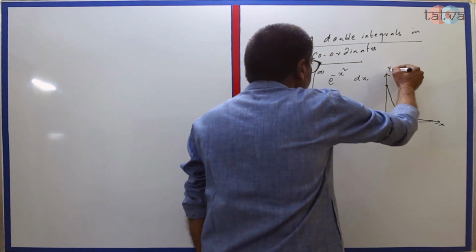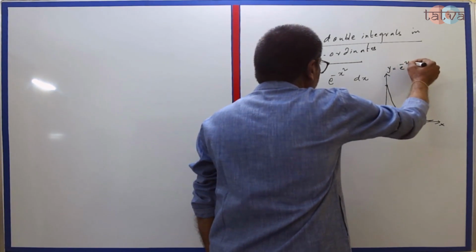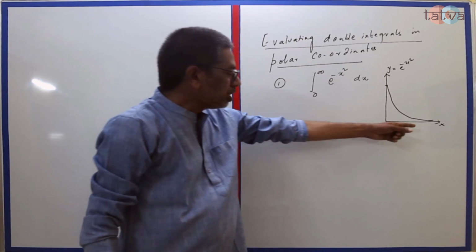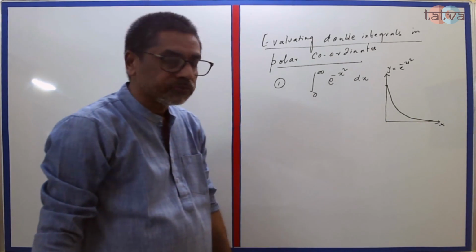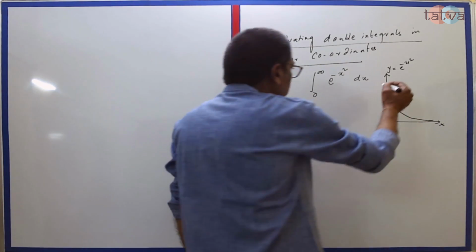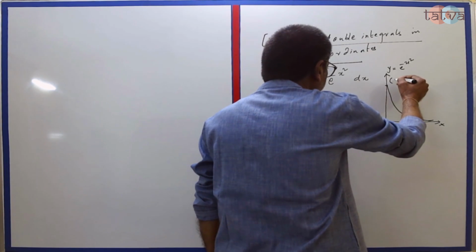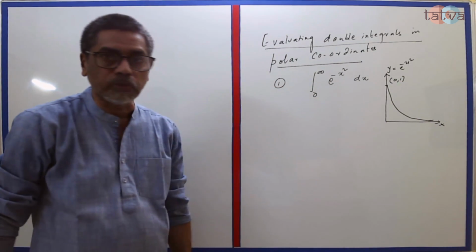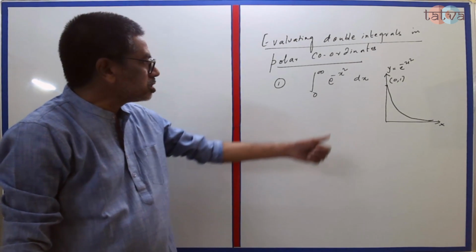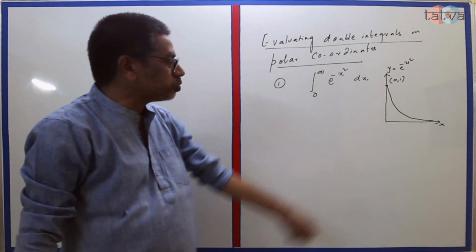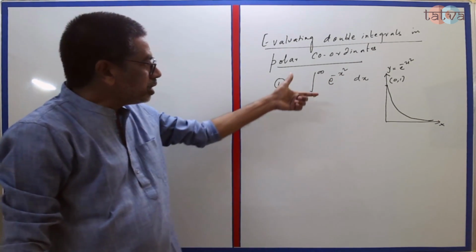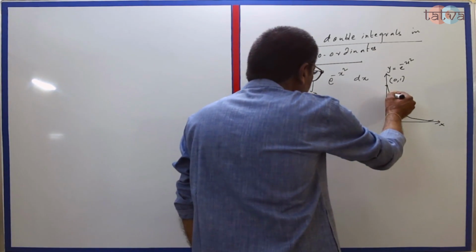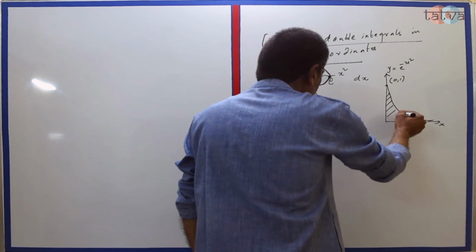This is how it looks, and you can observe the x-axis is an asymptote. This is the point where the curve crosses the y-axis, at the point 0, 1, because for x equal to 0, e power 0 is 1. So the meaning of this problem, in one sense, is to find the area of this shaded region.